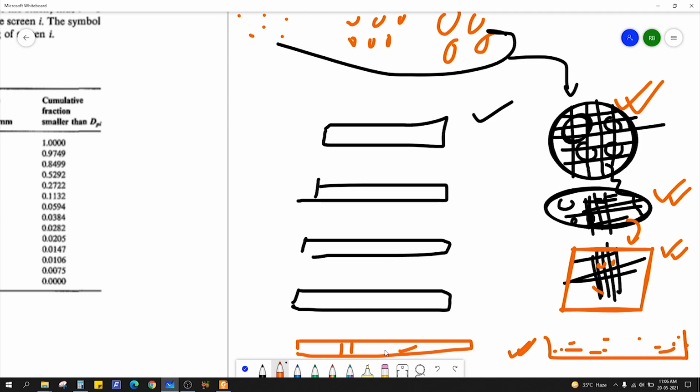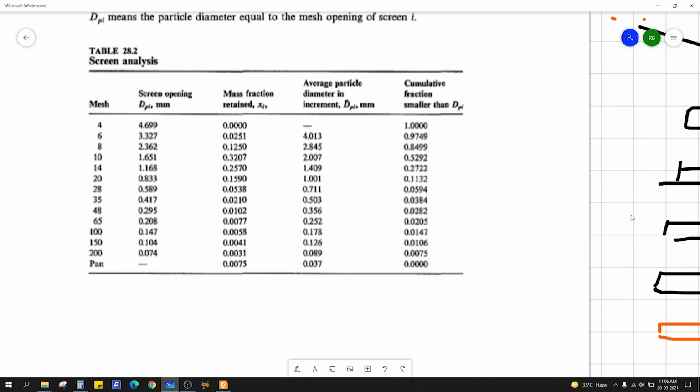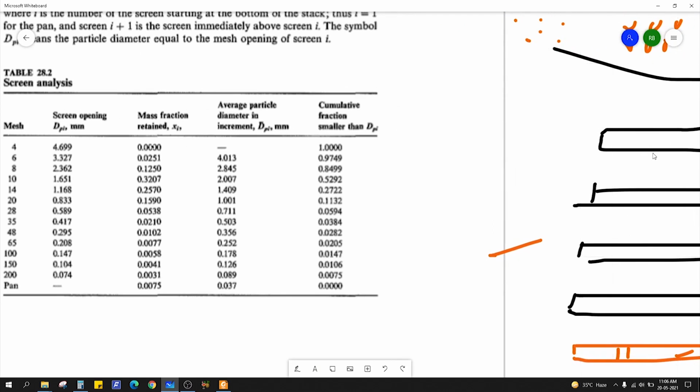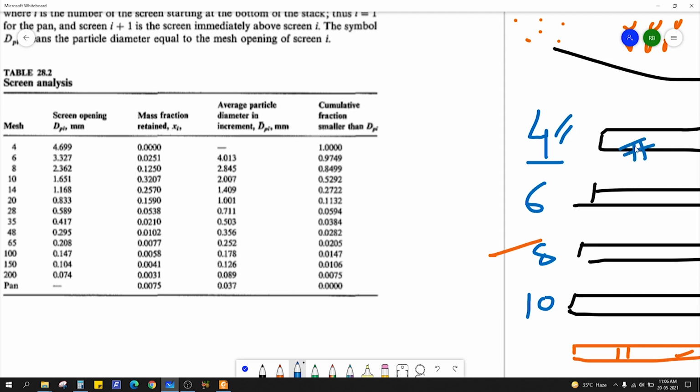If you see this table on the left side, for each screen we have denoted a fixed number. Let's say this is a mesh of 4, this is mesh 6. It will be in increasing order. So these are standard mesh numbers. You can easily find out on the net or on a standard chart that mesh number 4 will have an opening of this diameter.